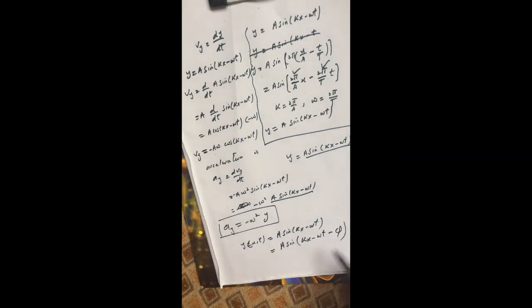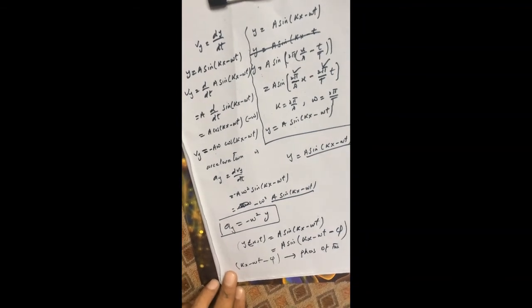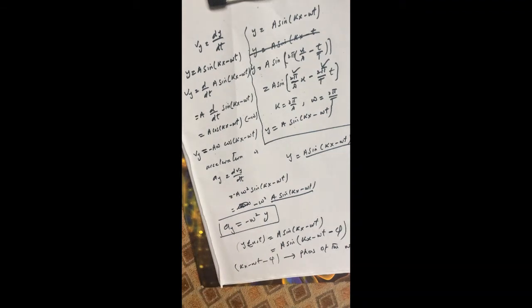This phi is the phase of the wave. Its value does not affect this equation. If we expand it, we get the same equation again. So this kx minus omega t minus phi is called the phase of the wave.